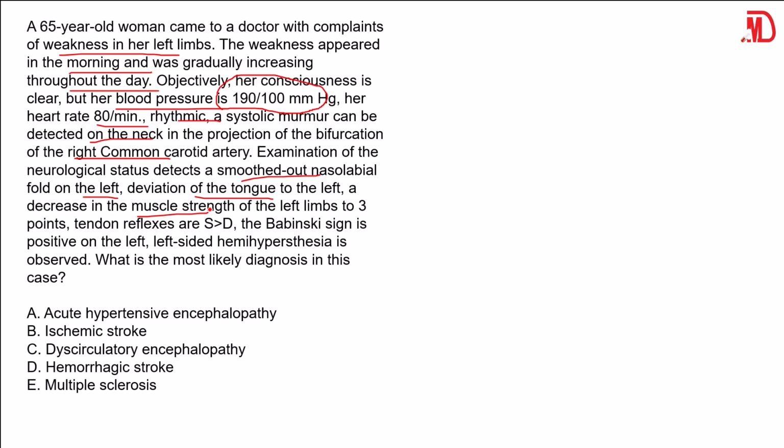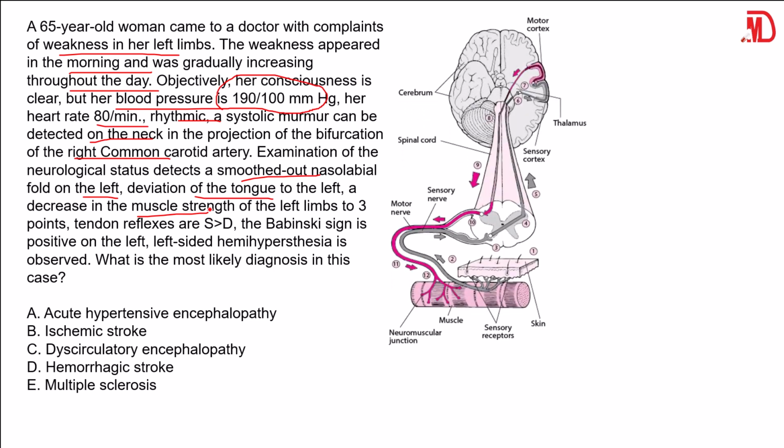So for a person to intentionally move a muscle, we call it voluntary movement or voluntary muscle contraction, the brain must generate a signal. So that's why I bring this diagram over here. The brain must generate a signal that will have to pass through the brainstem into the spinal cord and then into the muscles.